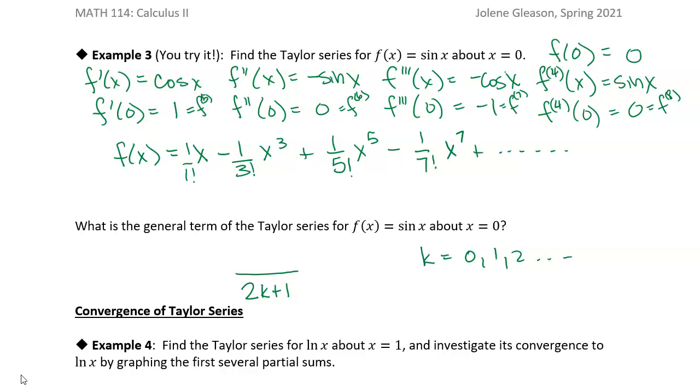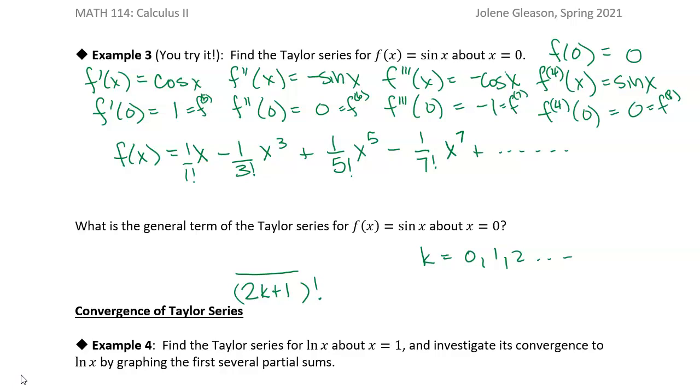I want to start with 1, though. And if k equals 0, that works, right? 0 times 2 is 0, and I have plus 1. So if I start with k equals 0, this gives me a 1 factorial in the denominator. When k equals 1, I end up with a 3 factorial in the denominator.